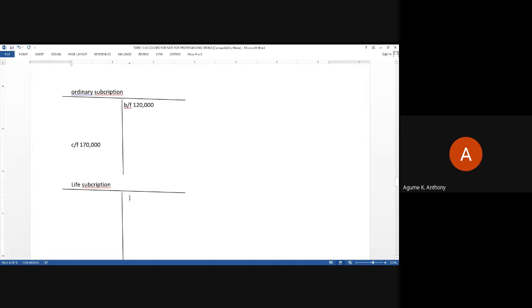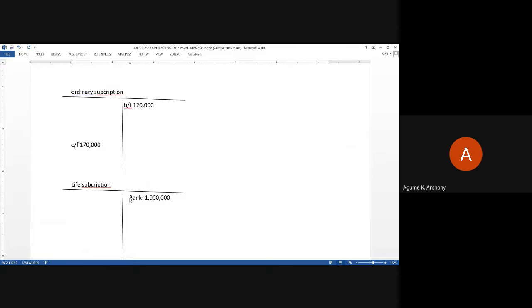So that means that in the bank, under life subscription, you have received 1M. Okay? And they are saying that this life subscription should be treated in a way that you are going to charge it over 10 years.